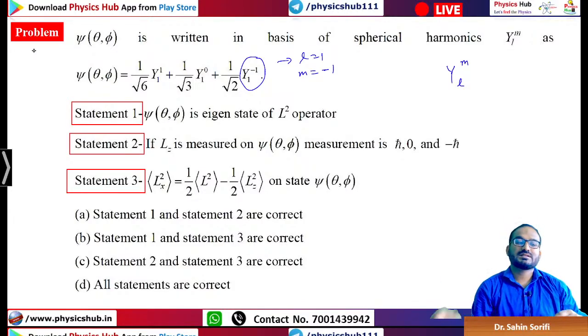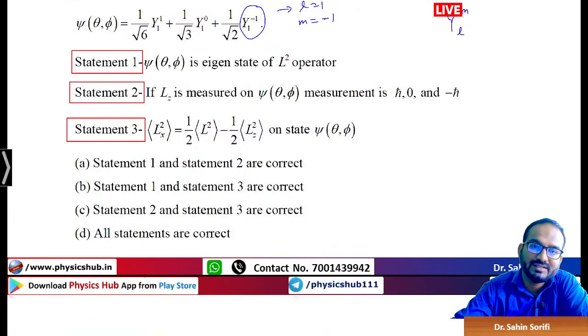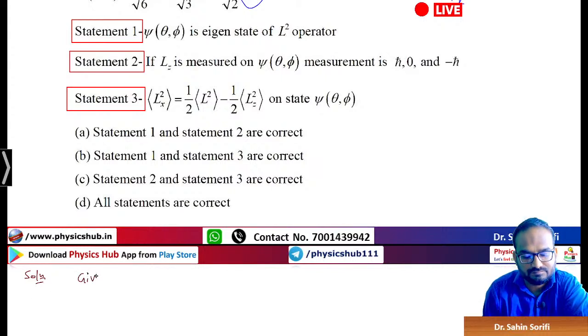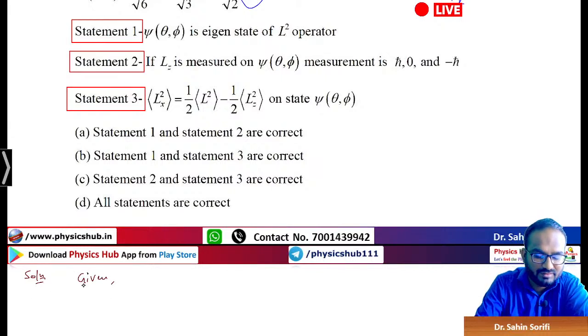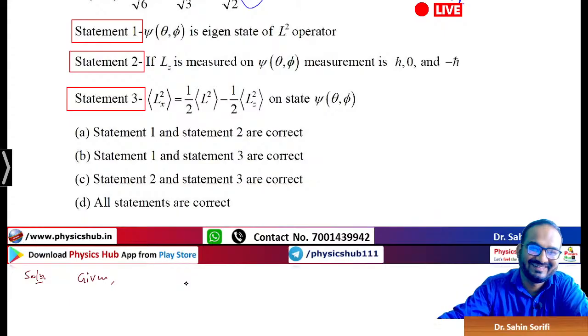Look, let's start with the first one, statement 1. Psi of theta phi is an eigenstate of L square operator. So first of all, what is given?